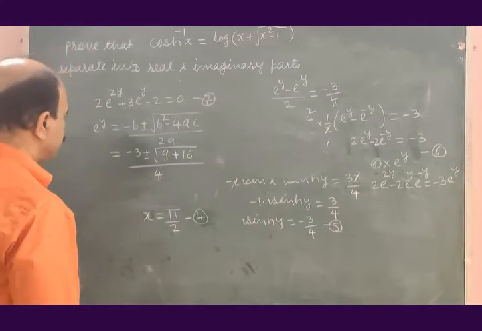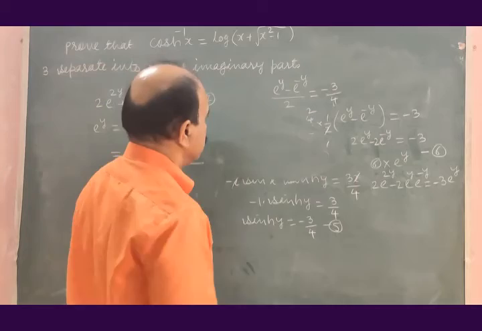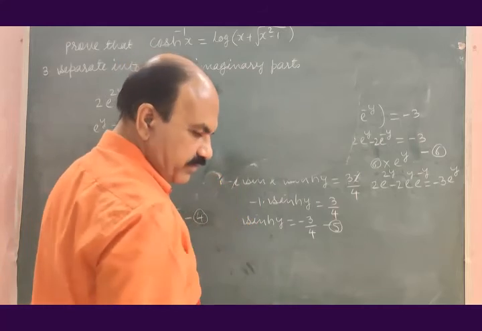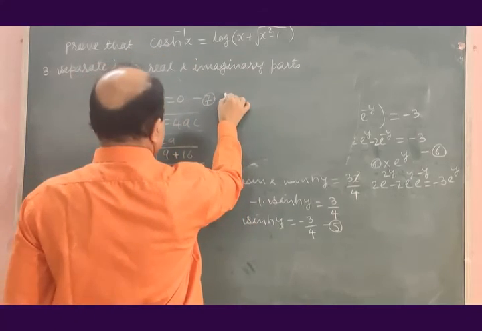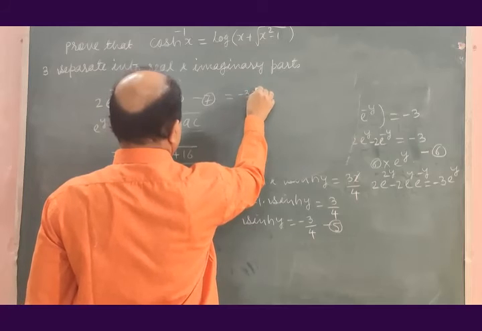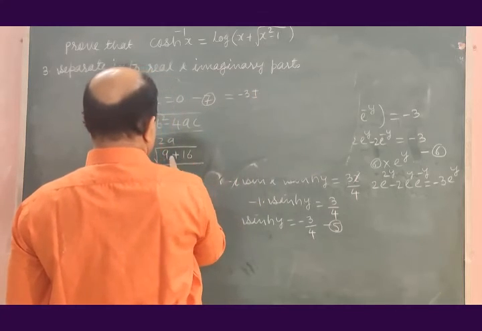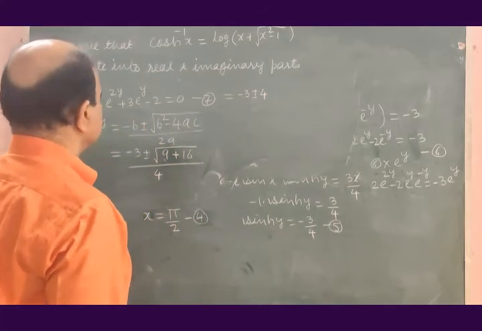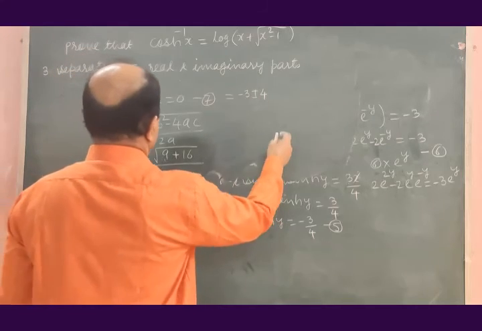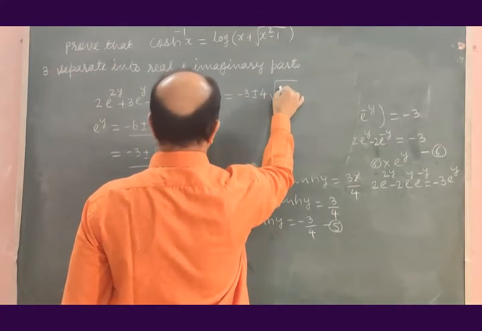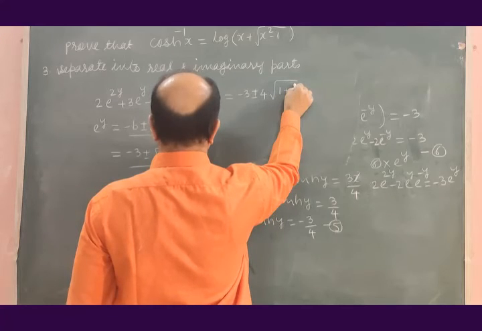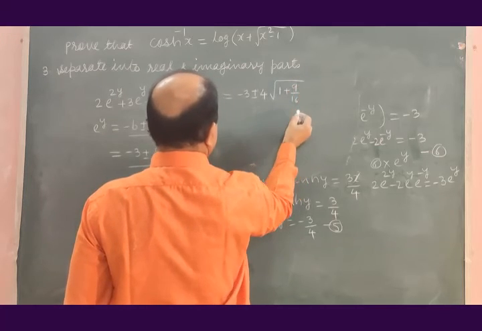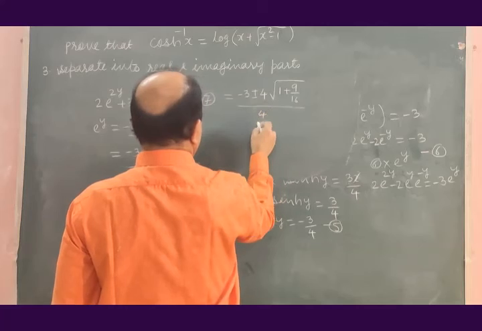This is further minus 3 plus or minus 16 can be taken common, that will become 4. And what is left inside is 1 plus 9 divided by 16, divided by 4.